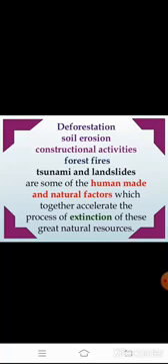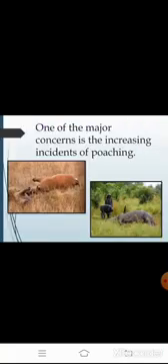So now deforestation, soil erosion, constructional activities, forest fires, tsunami and landslides are some of the human-made and natural factors which together accelerate the process of extinction of these great natural resources. That is the natural vegetation and wildlife. So one of the major concerns is the increasing incidence of poaching. Now what is that poaching?